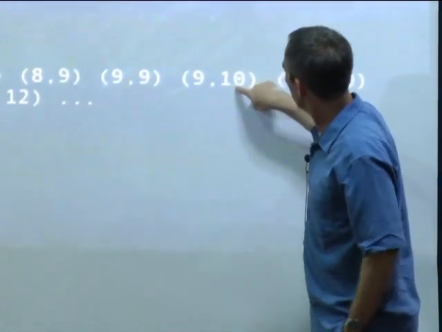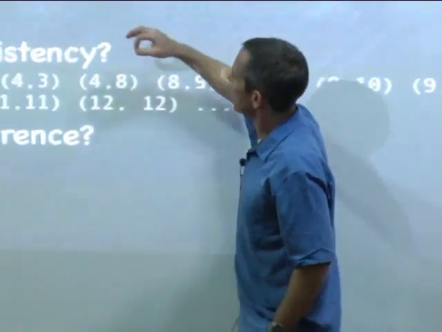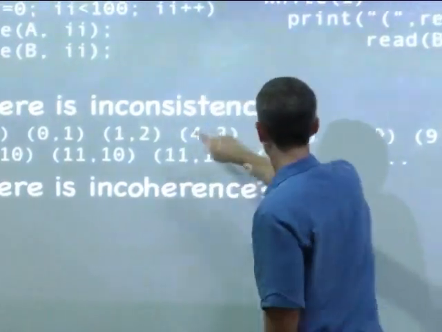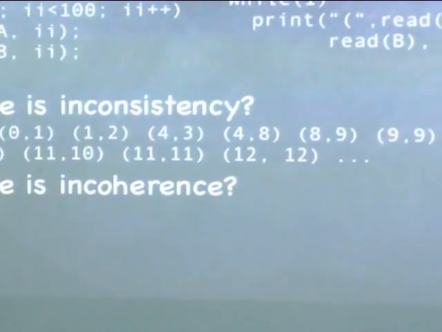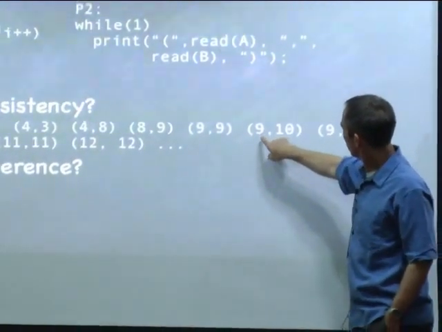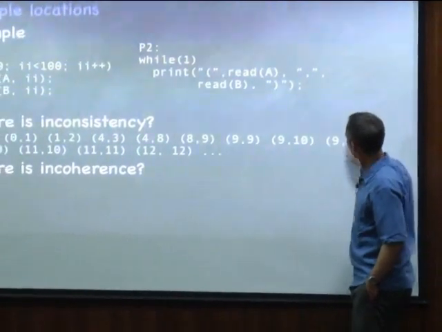once I see a 10, right, the next value that I read has to be consistent. So this gives me a global order, right, of events. Or sorry, it gives me a partial order over here. Right? And this partial order says these are the things that happened over here.